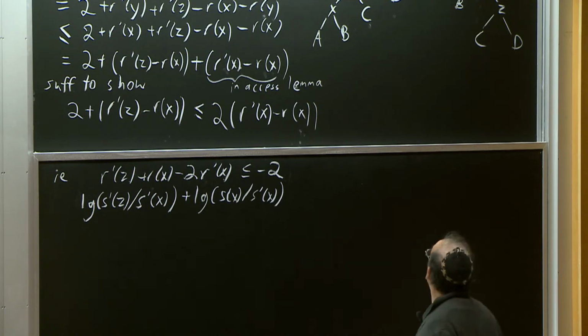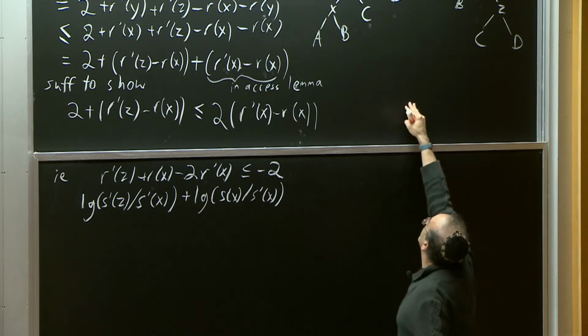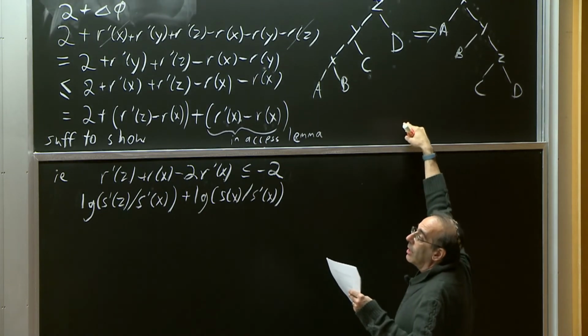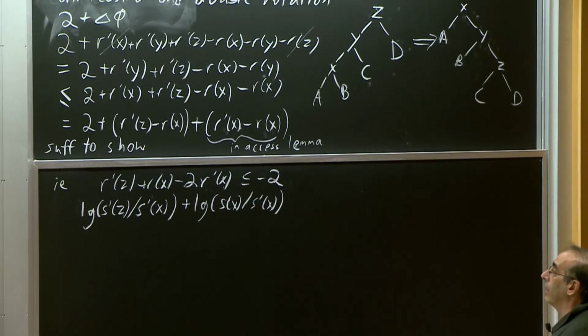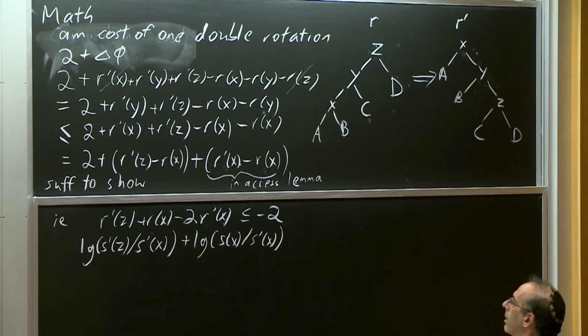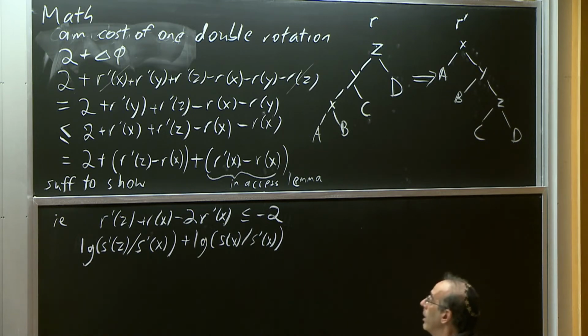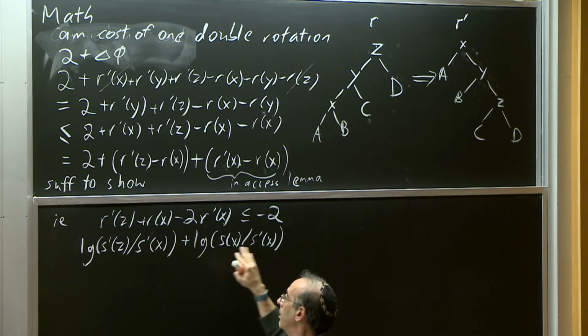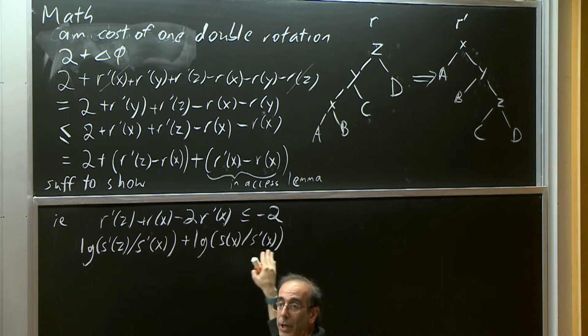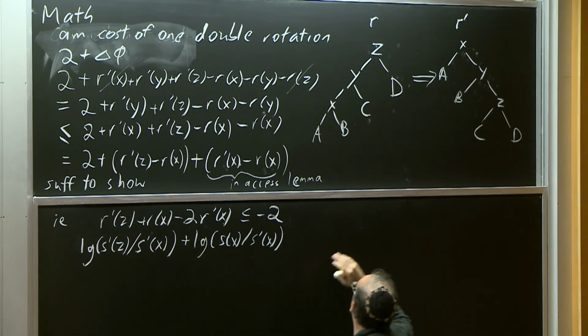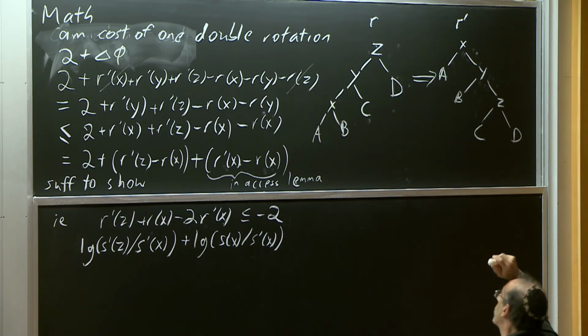Now, can we figure out where these are in the pictures? So I have a, let's see, did I draw those things correctly? Yes, so x moved to the root, right? So these s primes of x are really just the whole subtree, the whole tree, right? Now, where is s prime of z and where is s of x? Like, which parts of the picture determine s prime of z and s of x?